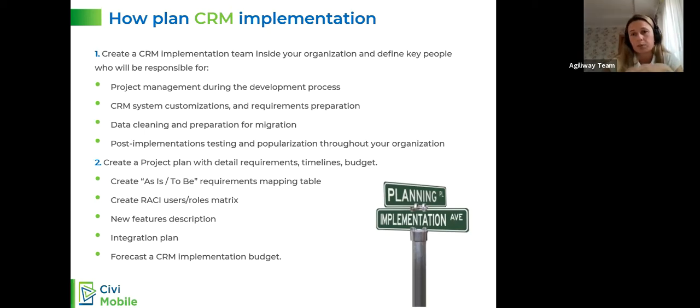So we plan which features are the most important for the client and start with them in the first year, and less important ones we plan for another year. Such things are possible, and you should think about that.